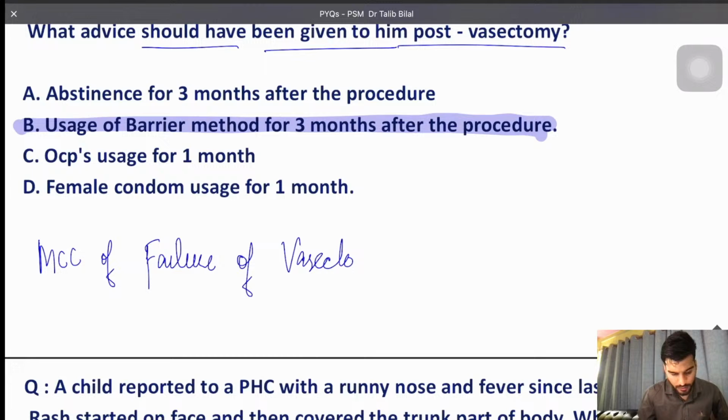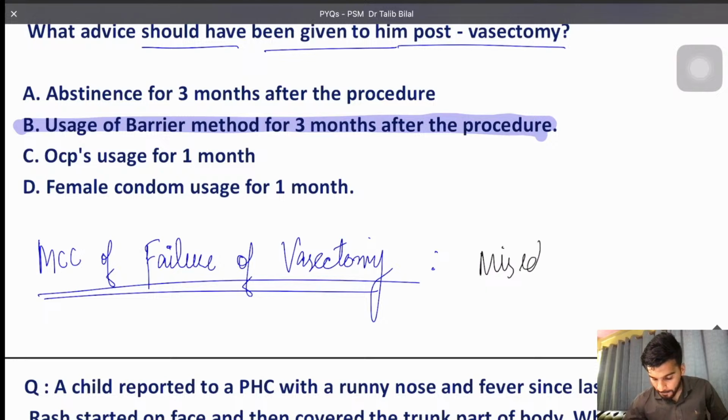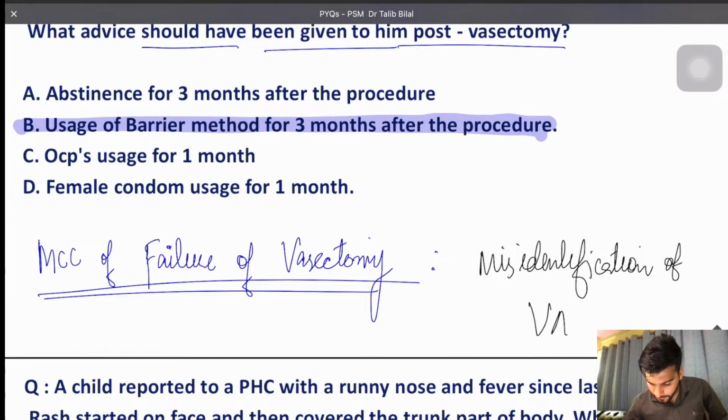It's a NEET PG PYQ. Most common cause of failure of vasectomy. Your answer is going to be misidentification of vas. So remember that the most common cause of failure of vasectomy is misidentification of vas.